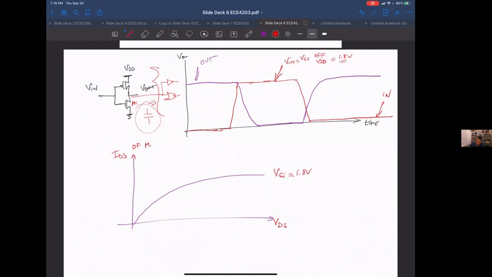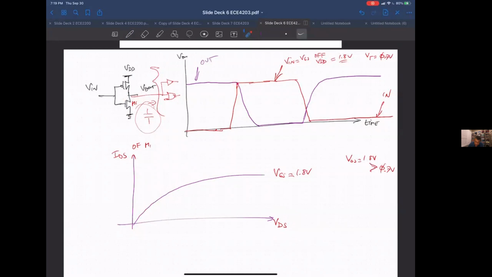As soon as you say my input is VGS, you pick one curve that this transistor's current can be on. The VGS of 1.8 volts is definitely larger than the threshold voltage, which I'll give you as 0.7. So the transistor is on and following this curve depending on the drain source voltage.